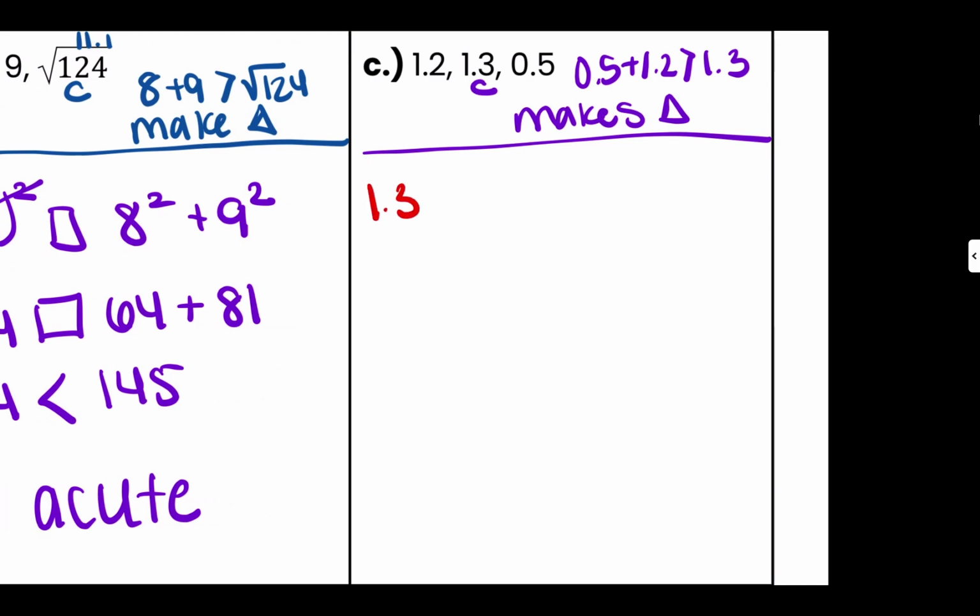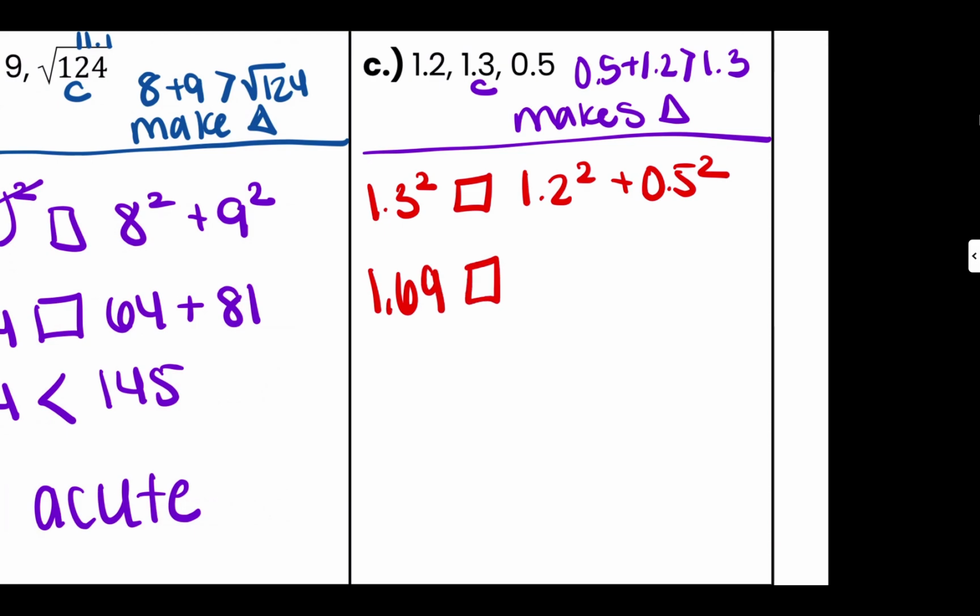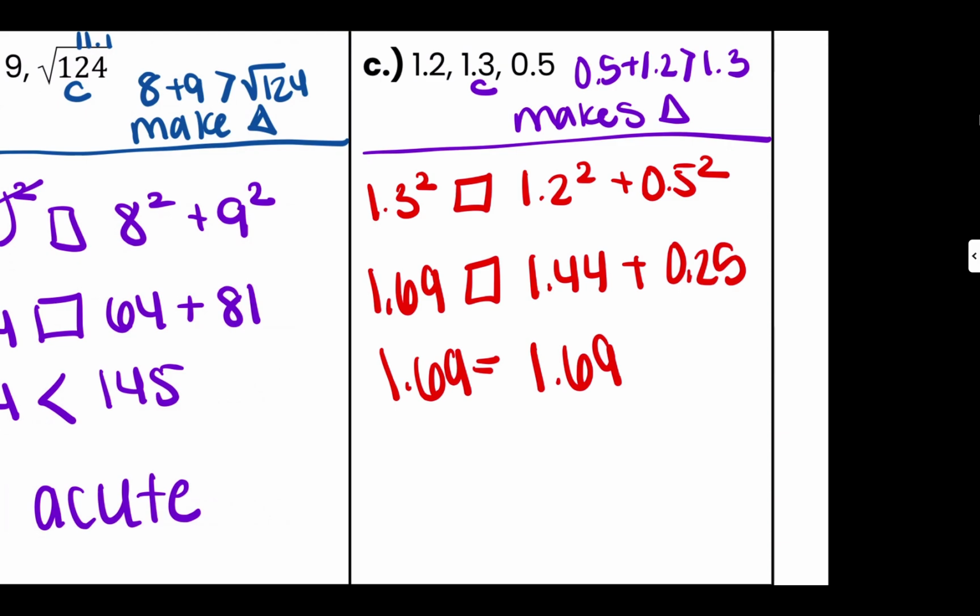So 1.3 squared, see how that compares to 1.2 squared plus 0.5 squared. 1.3 squared is 1.69. 1.2 squared is 1.44 plus 0.5 squared is 0.25. If you add those together, that becomes 1.69, which is equal to 1.69. So this is a right triangle.